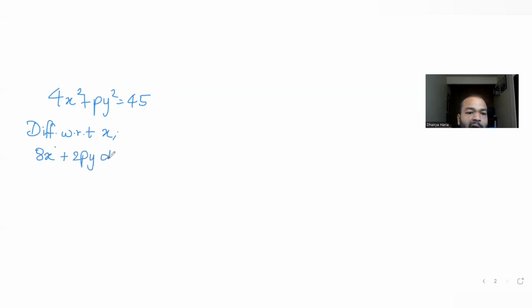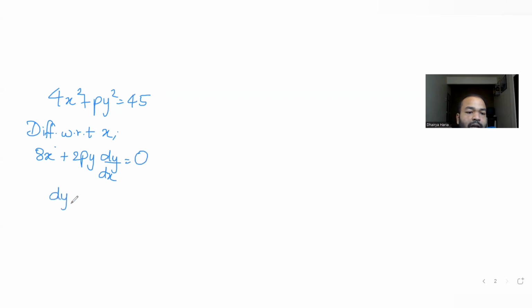We have here 4x² + py² = 45. If I want to find the slope of this ellipse, I'll differentiate the entire equation of the curve with respect to x, so that I get dy/dx. If I differentiate, 4x² becomes 8x, plus 2py dy/dx, and the derivative of a constant is 0.